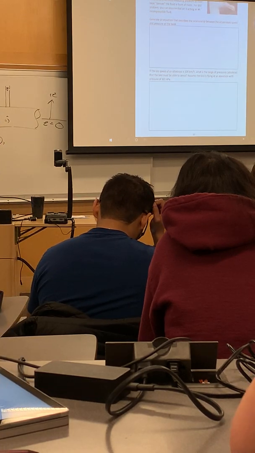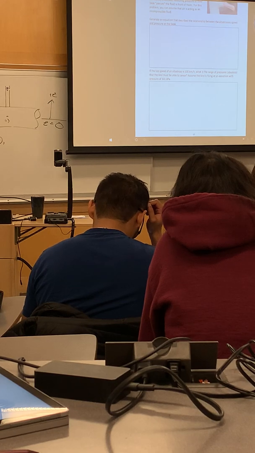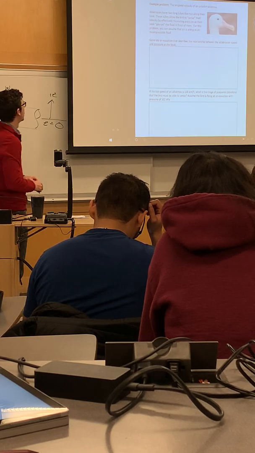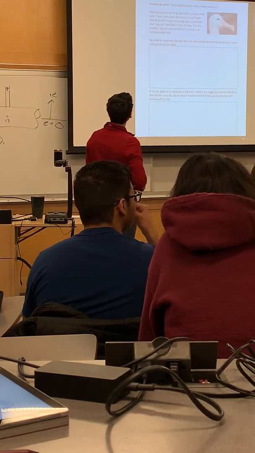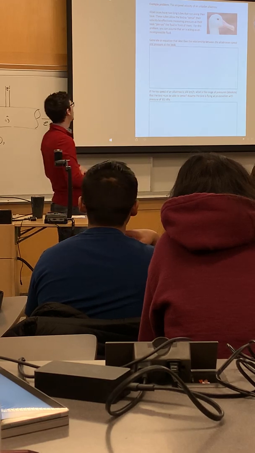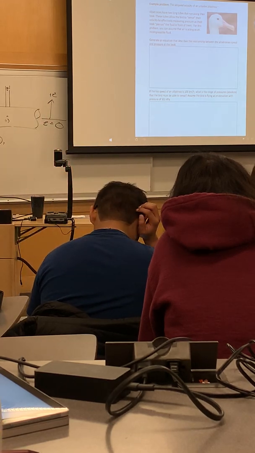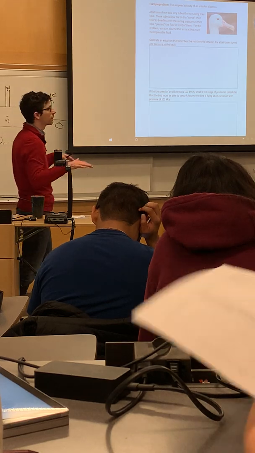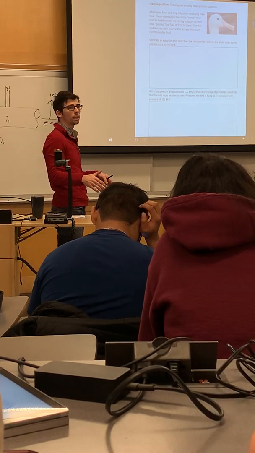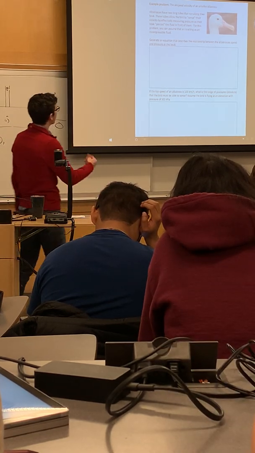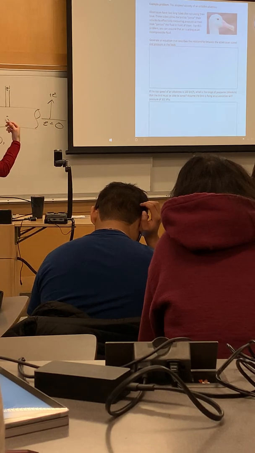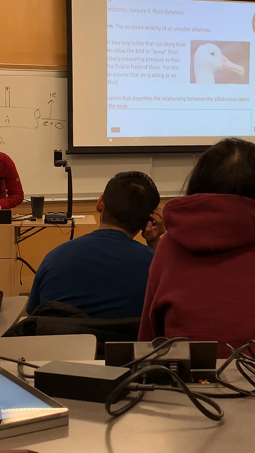Let's see. So this next problem brings in what I think is an interesting work of biology. Albatrosses, one of the fastest flying birds in the animal kingdom, have 2 long tubes that run along their beak. You can see that right here, right?